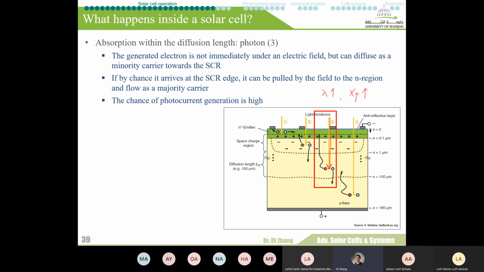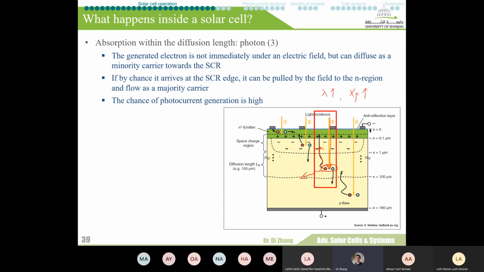If a photon is absorbed here, then it depends on the probability of whether these excited electron and hole pairs can diffuse into the space charge region, or whether they cannot make it there. We know that diffusion depends on the concentration gradient.